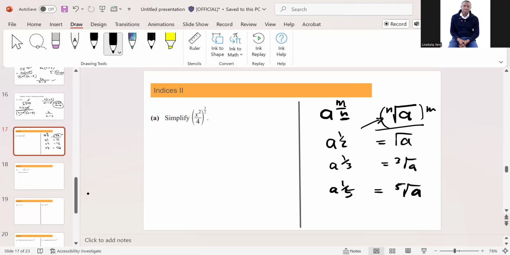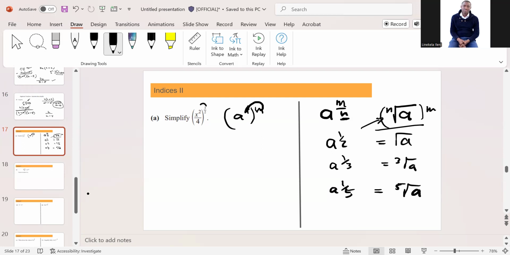So if you had to simplify this, first things first, it's not just one rule. Here you have a fractional index multiplying with a fraction as well. The first rule that you can see here is actually the power rule, where you have a to the power of n multiplied by m. The m must first multiply with the n.